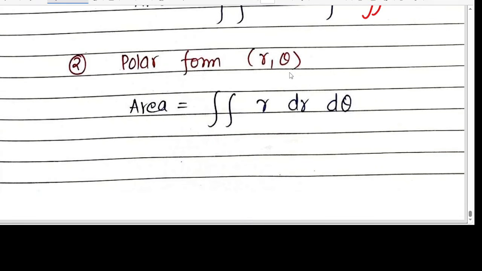In polar form, we know that area is equal to r into dr into d theta. In polar, we have to take a radial strip which starts from the origin, r equal to 0 to r equal to whatever is there. So these are the formulae we have revised from the exam point of view. Students, all the best.